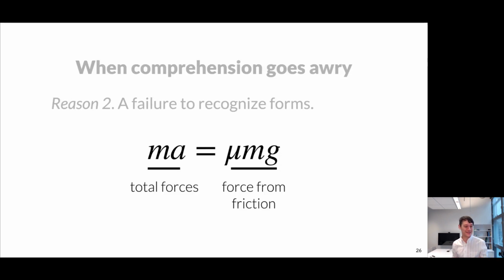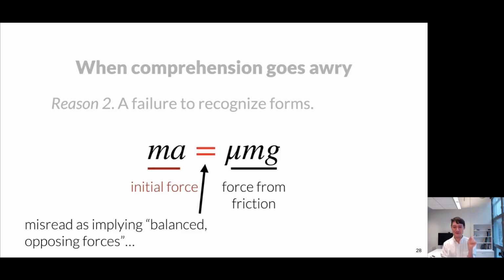And the funny thing in this study is that there was one student who ended up misinterpreting this left side of this formula that they had actually written with their partner to mean the initial force that applied to that object before friction came into play. And this was in part because of a misreading of the symbolic forms.